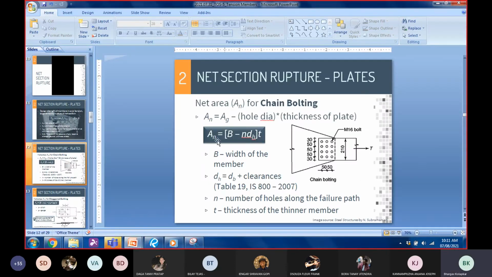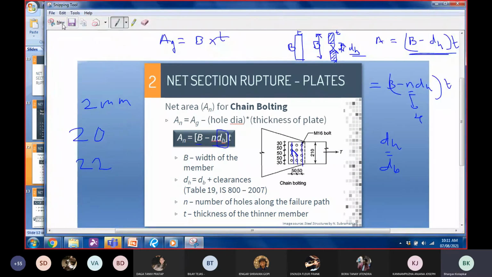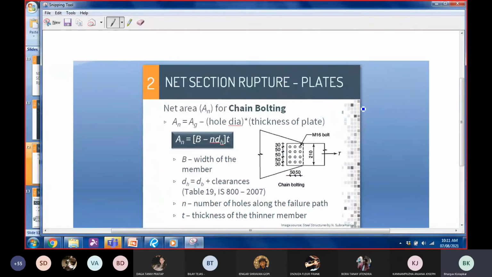So this is about chain bolting. Now, sometimes it might happen that instead of bolting like this, to increase the efficiency of the connection, you might have a bolting like this. So if say this is your section, this is a member, this is how the bolting is done.